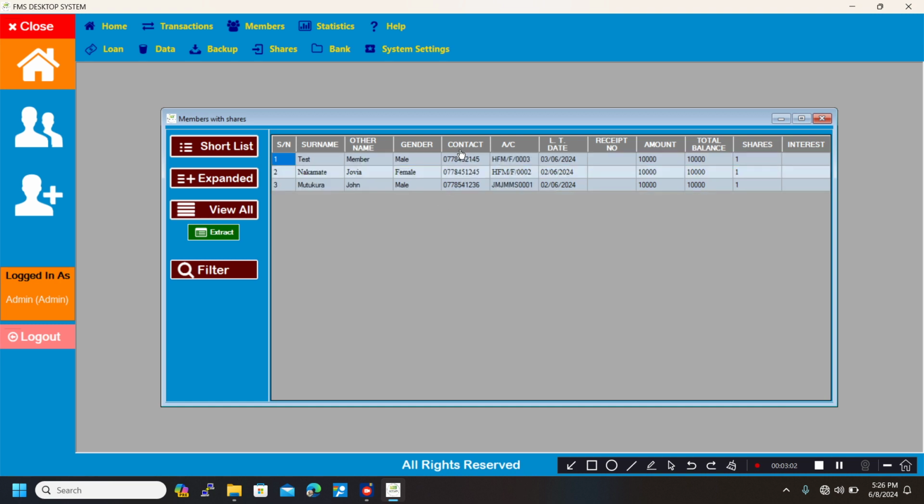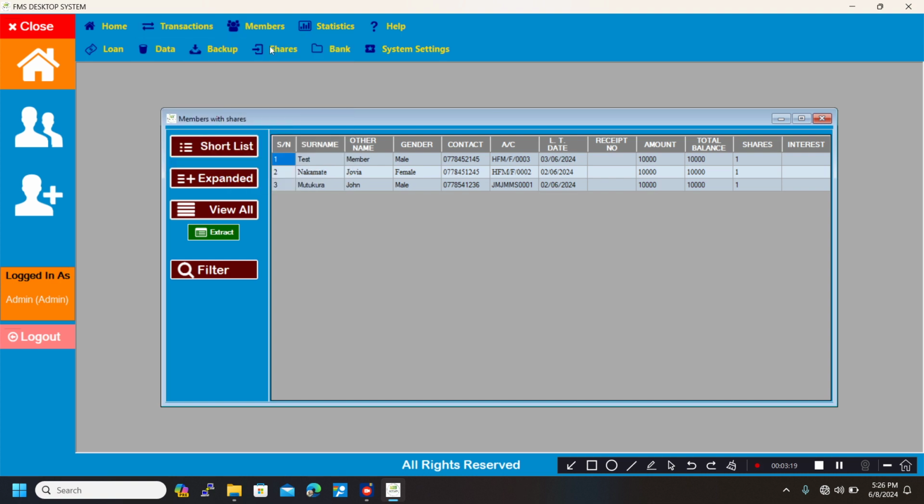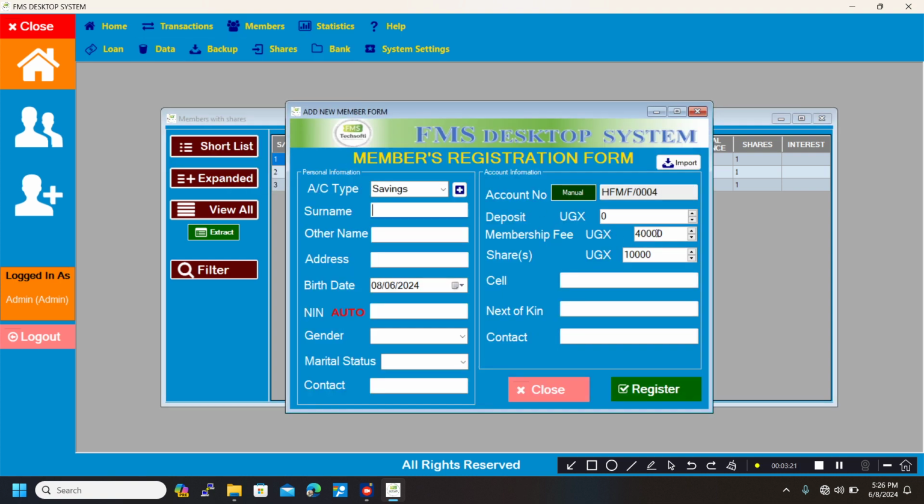Now, this is a listing of shares. Every member who is registered by default has at least one share. But if you wanted to increase the number of shares at members registration, then you have to increase this amount of the share under the members registration form.